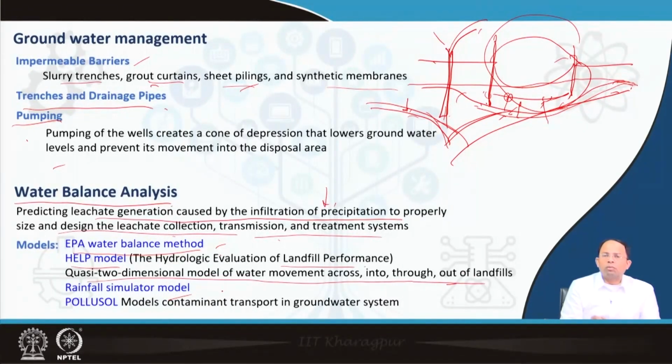There are also rainfall simulator models for that particular area, and Pollusol models which can model contaminant transport within the groundwater system. Different people have used these components to model the movement of leachate inside a landfill, as well as how much contaminant can move into the groundwater. All this could be modeled and determined, and accordingly the leachate collection system can be designed.